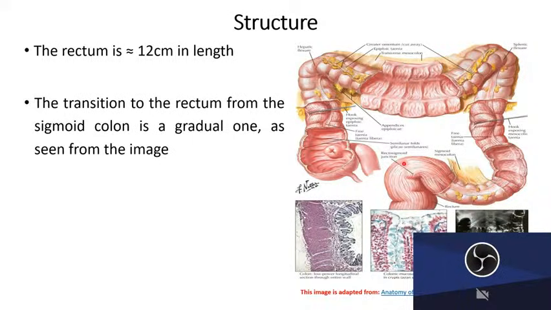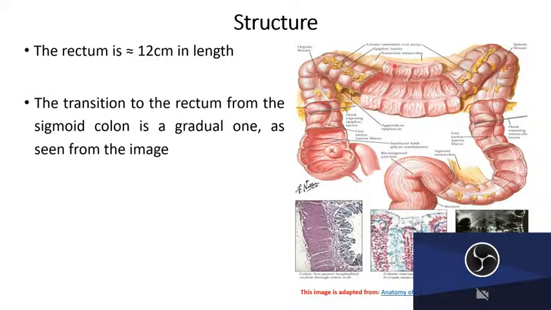It's absent in the rectum. So the mesentery ends at the terminal point of the sigmoid colon. Also, as you can see, these are small out-pocketings, lymphoid, the appendices epiploicae.